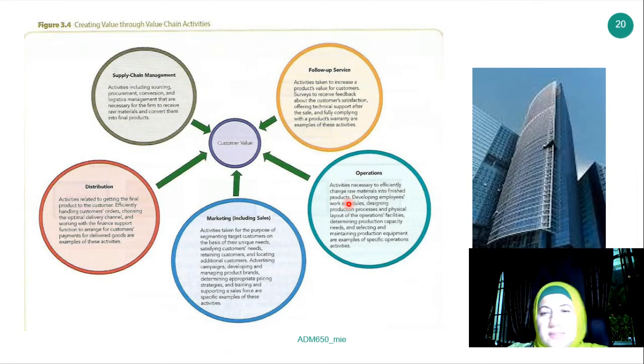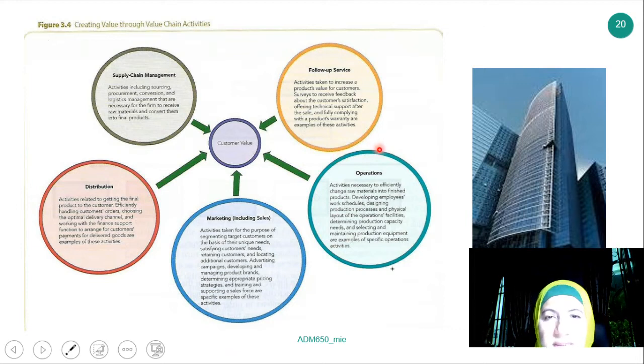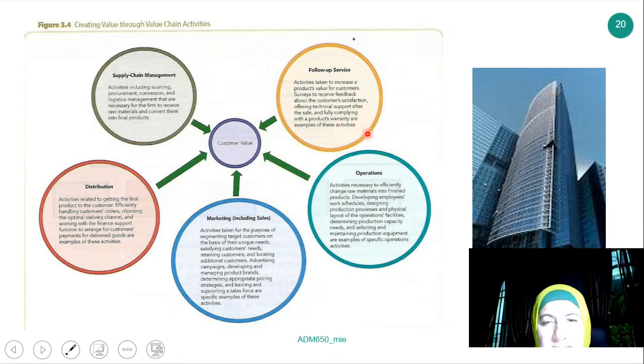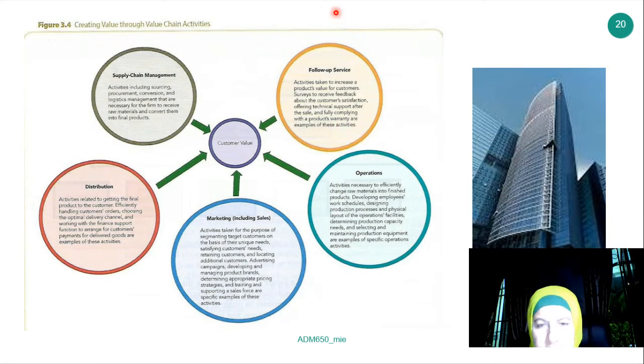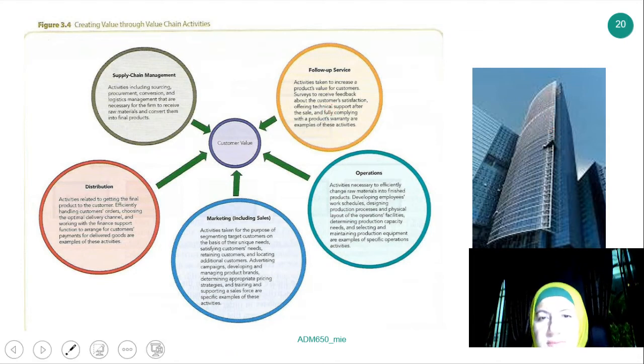What are the values that are of concern to the customer? There are 8 values, divided into 8 areas. One is the follow-up services. Follow-up services are concerned with customer satisfaction.